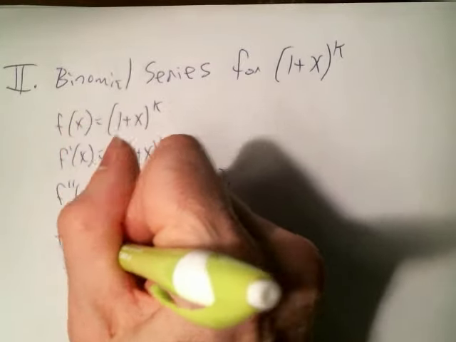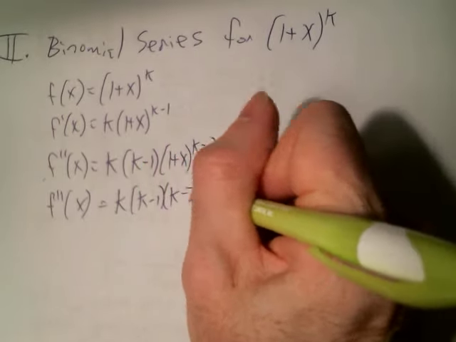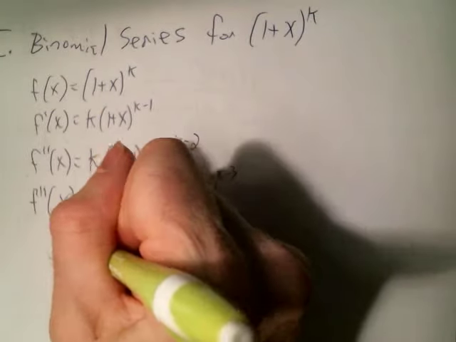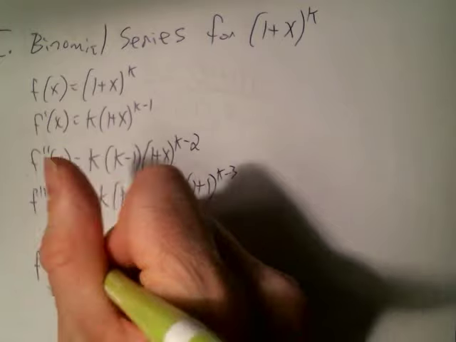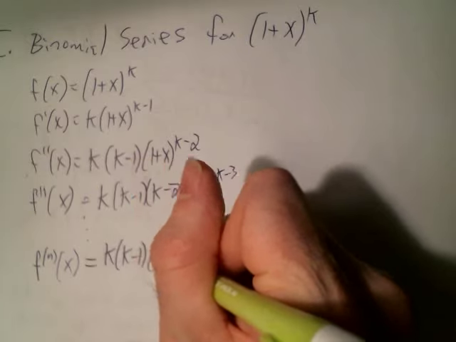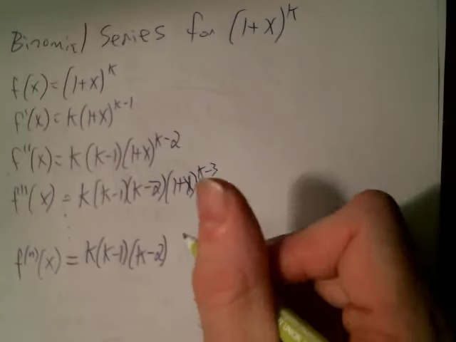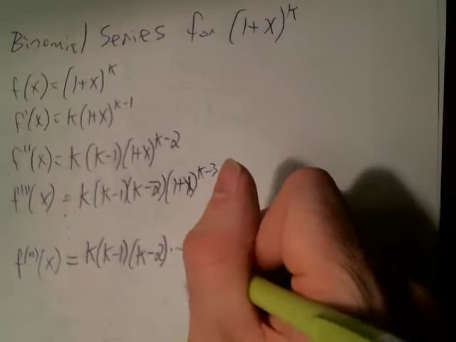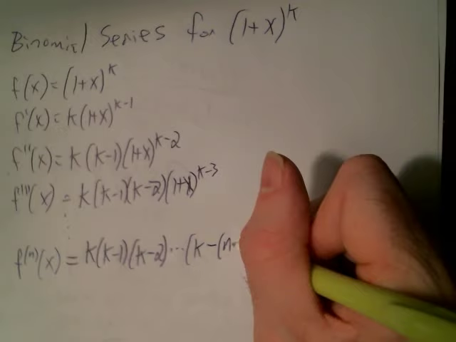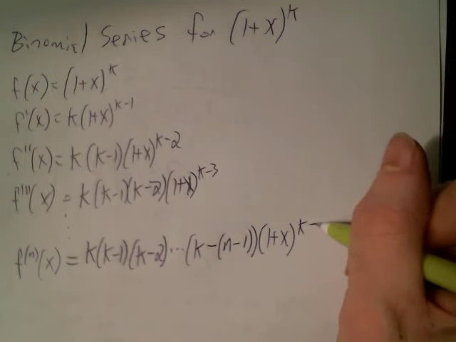F triple prime of x is k times k minus 1 times k minus 2 times 1 plus x to the k minus 3, etc. And then our nth derivative is going to be k times k minus 1 times k minus 2, all the way down to k minus n plus 1, times 1 plus x to the k minus n.